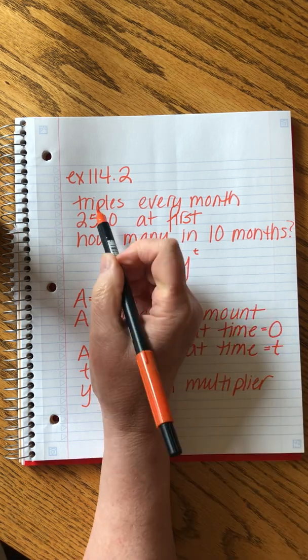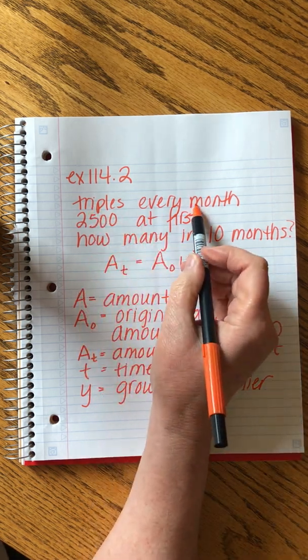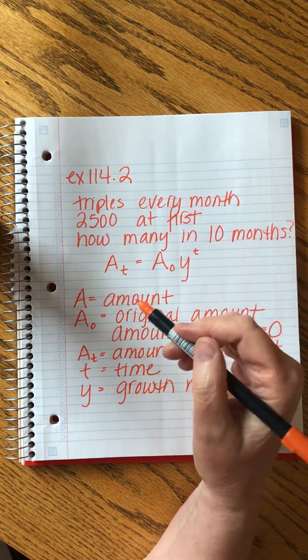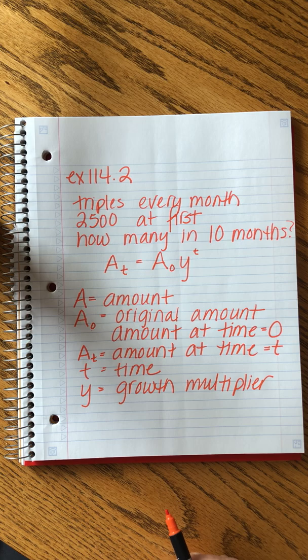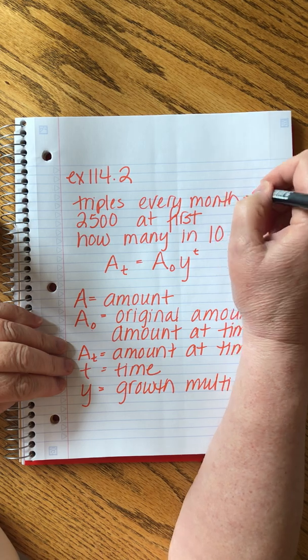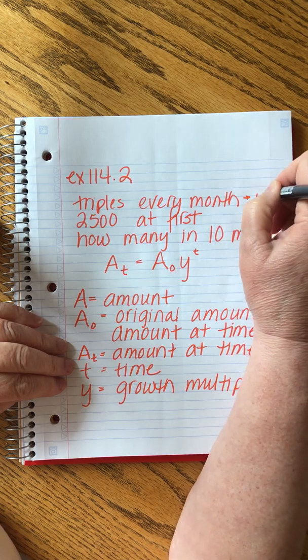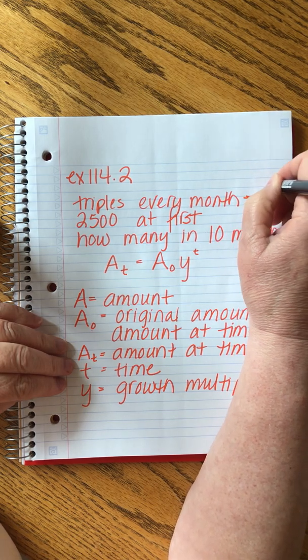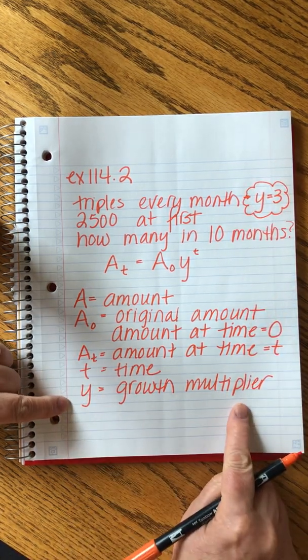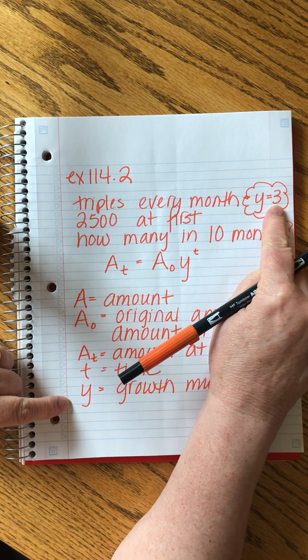In our example, we said it triples every month, so our growth multiplier is 3. All right, that you kind of have to feel your way into. So if we say that it triples every month, then that means that y equals 3, because 3 is the growth multiplier, and we see that ours is being tripled.